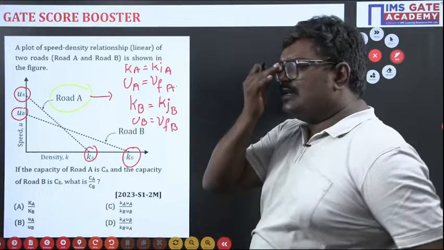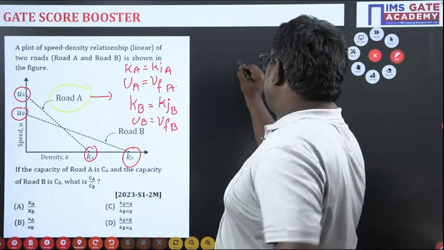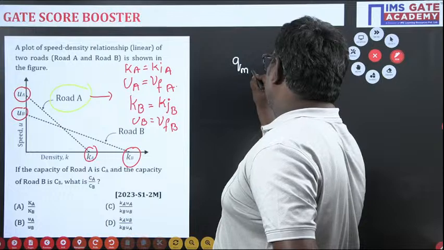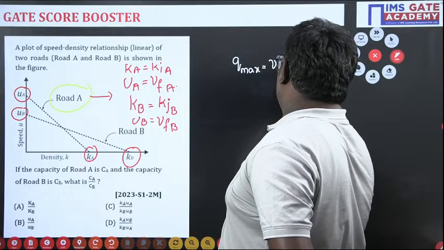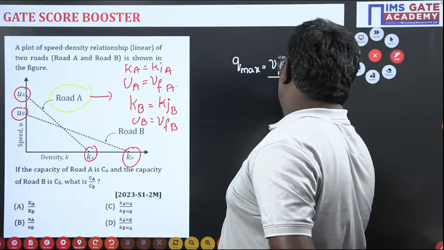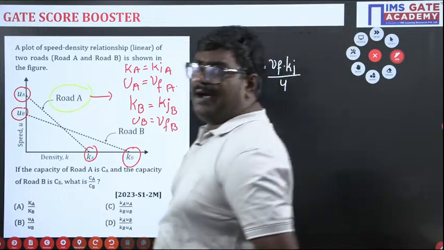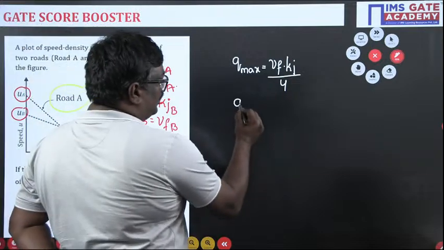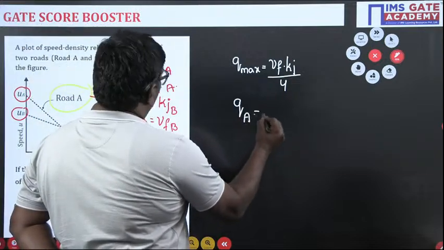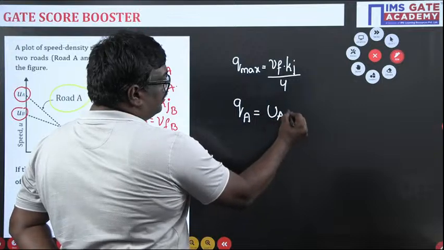Now see students, I told you clearly Qmax is equal to what, sir? Qmax can be written as Vf into Kj by 4, right? Now if I write Qa, Qa can be written as Ua into Ka by 4.